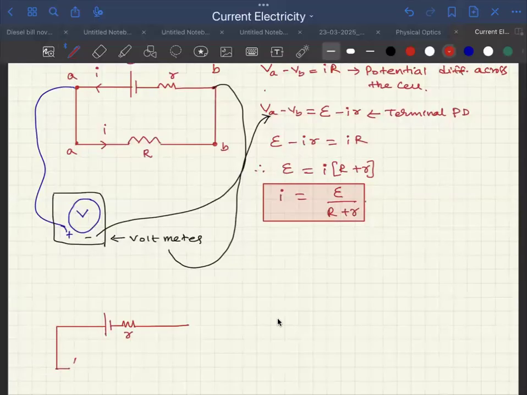The only difference is, say there is a key here. Now the key is open.